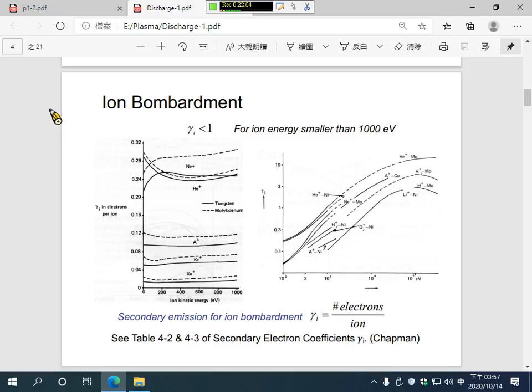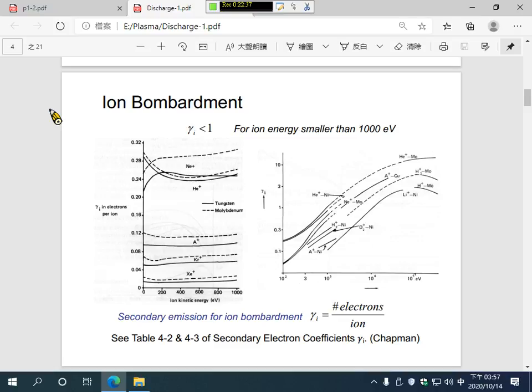But in these two pictures, we can see the horizontal axis, right? The horizontal axis is the ion kinetic energy. So in the left figure, the ion energy can be a few hundred electron volts to 1,000 electron volts. In the right figure, the ion energies can be 10^4 or 10^5 electron volts.